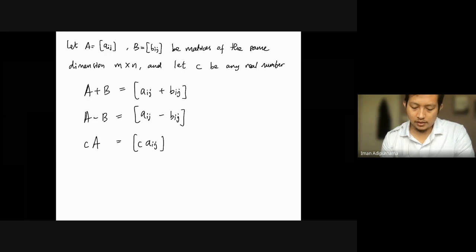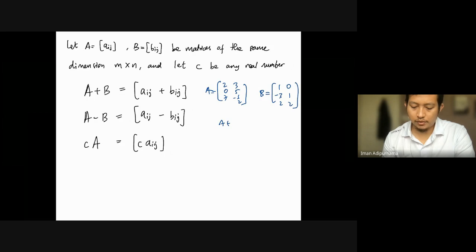What it really means is, if your A is say 2, 0, 7, 3, 5, one half, and B is 1, 0, negative 3, negative 1, 2, negative 2.